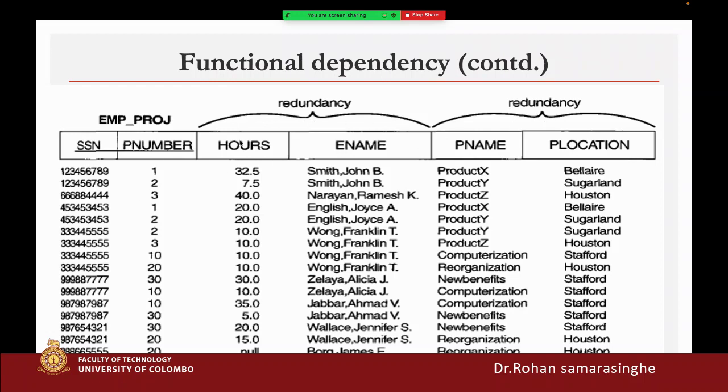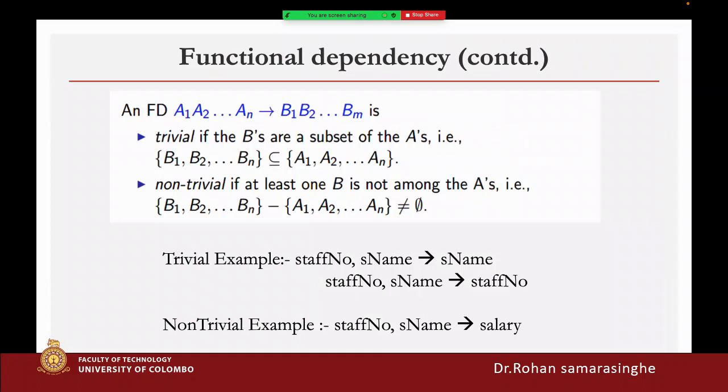If you refine this table, you can separate the SSN and the employee name in one group, project number, project name and location in another group, and SSN, project number and work hours in another relation. So you can normalize. This is not a normalized relation. You can normalize it and decompose it into three tables.